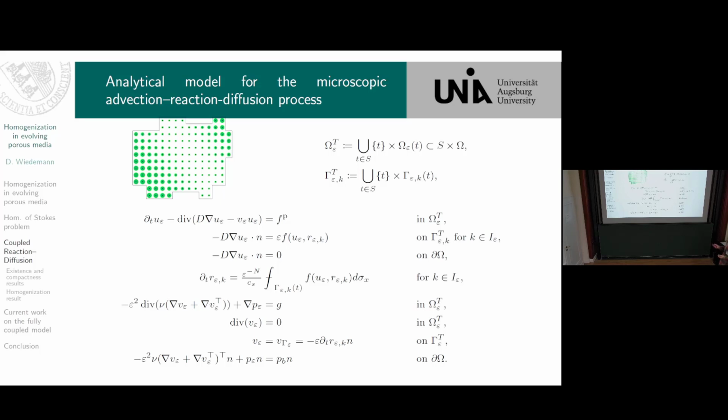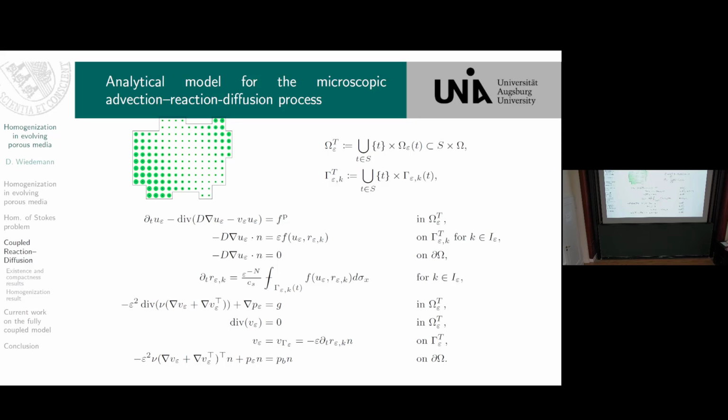This reaction rate is also in this term, the evolution of the radii, and it's modeled in the sense that this green region has some constant density Cs, and every concentration which we lose in the white region where the diffusion happens becomes solid green.